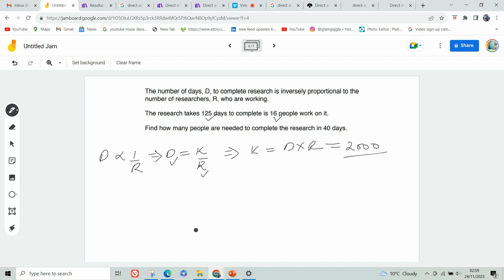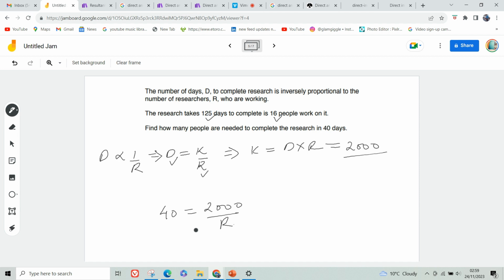Now, how many people are needed to complete the research in 40 days? You just have to sub the value of days as 40 equals 2000 divided by R. You need to find out R, which is researchers.